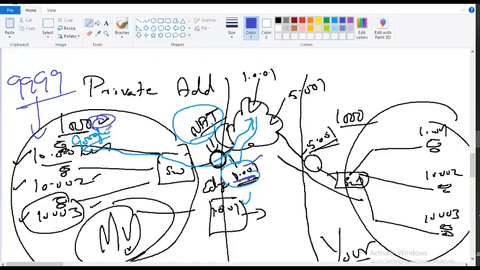Out of 10,000, how many public IP addresses do you get? Only one. So for the entire organization, just one. You don't need to buy 10,000 public IPs. Just buy one. You save 9999 IP address purchases.